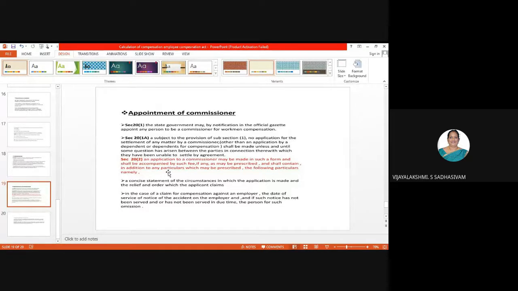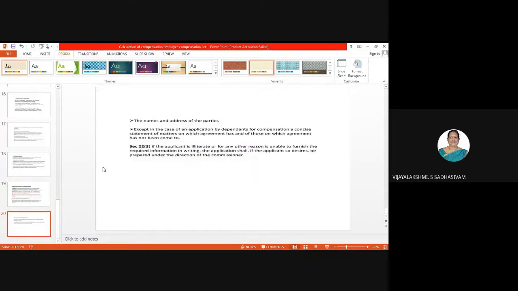Suppose in the case of a claim for compensation against an employer, then the date of service of notice of the accident has to be specified. And if such notice has not been served in due time, then the reason for the omission has to be given. Then the names and addresses of the parties.